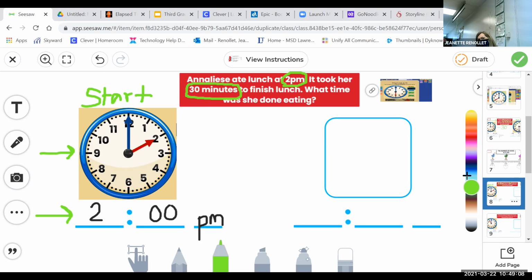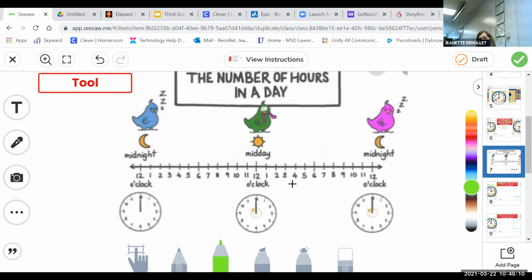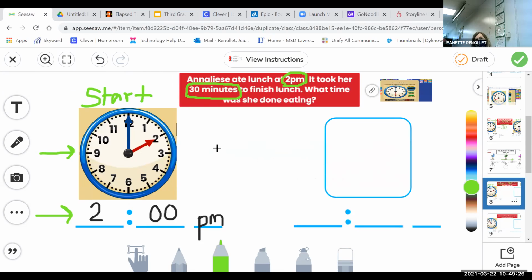That means if you're looking at your tool on slide 7, you can use this if you need to. If she started at 2 o'clock, that means now 30 minutes is passing. It's later in her day. She's moving forward in her day. So we're going to add 30 minutes to our start time.